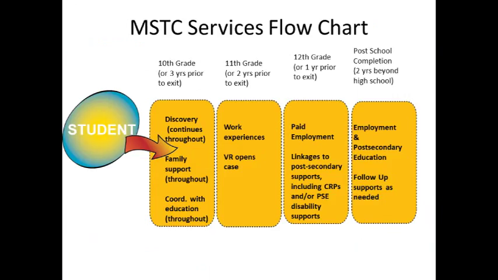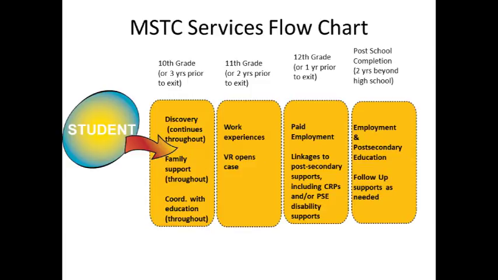So the next slide illustrates what the MSTC services look like, kind of a graphic illustration of how the student progressed through the model. The idea was that we would start early in 10th grade, which is on the far left side of your screen.